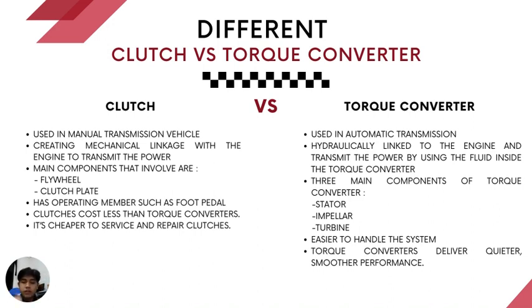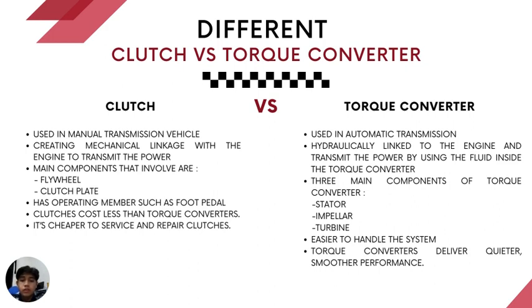Next, as I said just now, the torque converter is usually used in automatic transmission. For automatic transmission vehicles, there is no clutch pedal because the gear is changed automatically.